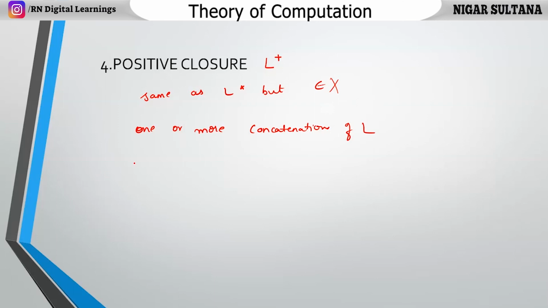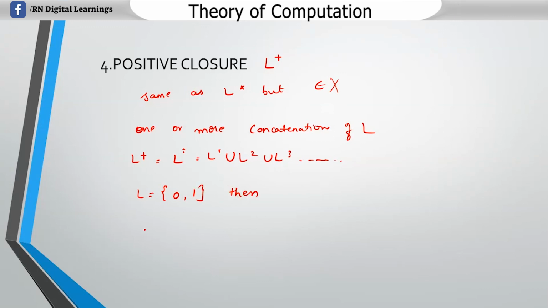Now let's see how to write this. L plus is equal to the union of L^i, so now i is L1 union L2 union L3, etc. Let's take the same example, L is equal to 0, 1. Then what is L plus? First is L1. Don't take L0 here because this is excluded in positive closure. So consider only L1, which can be 0 as well as 1.